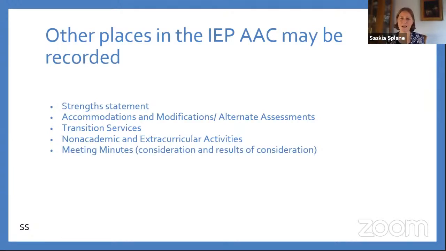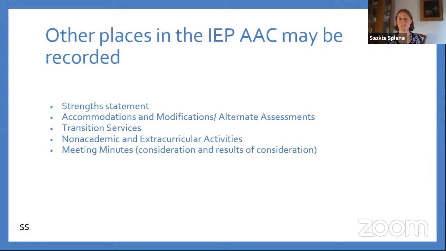Other places in the IEP that AAC can be recorded, these are completely optional. These are not IDEA spots where they list that it should be in one of these 3 areas. These are the non-3 areas that it still might be in addition. So it might be in that strength statement, you know, what are the students' strengths? Using AAC might be one of those to communicate. It could also be in accommodations and modifications or in the alternate assessment area.